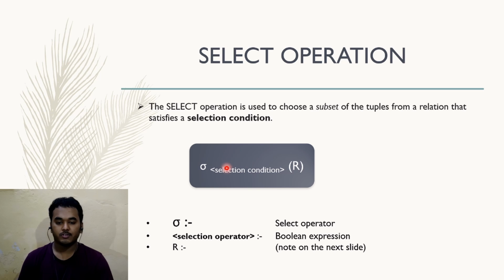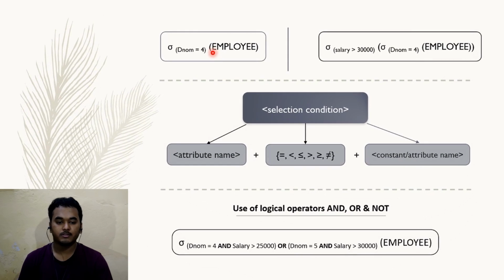This is the general notation of the select operation, where sigma signifies the select operation. We have a select condition, which is a Boolean condition, and R. We have to take note about R, since R can be a simple relation of a database, or a relational algebra operation whose end result is a relation on which we are performing the select operation.